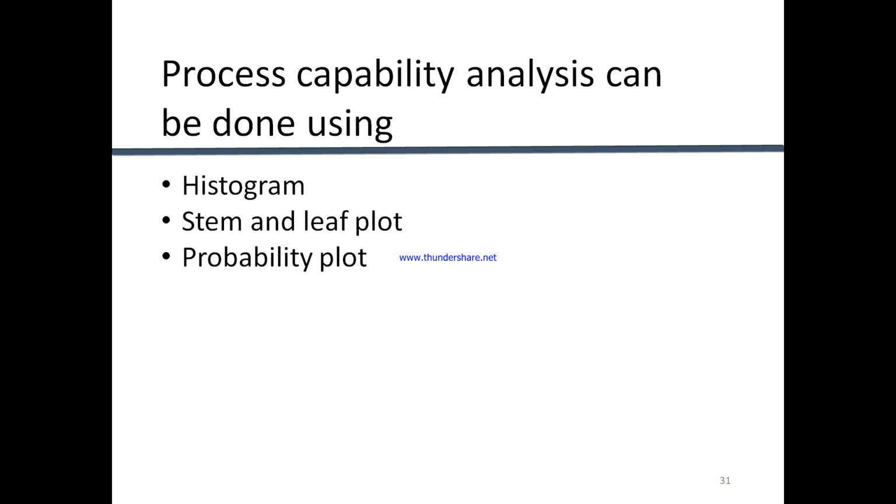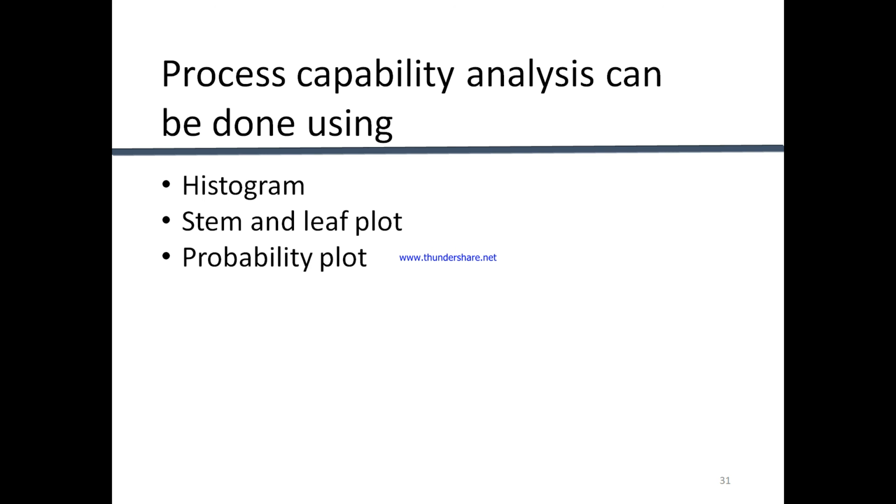Apart from the process capability index, as I mentioned in the slides, we use probability distributions when we do the process capability analysis. So it is not just measuring the Cp value. It is a huge process, but we are not going to discuss that due to time constraints.